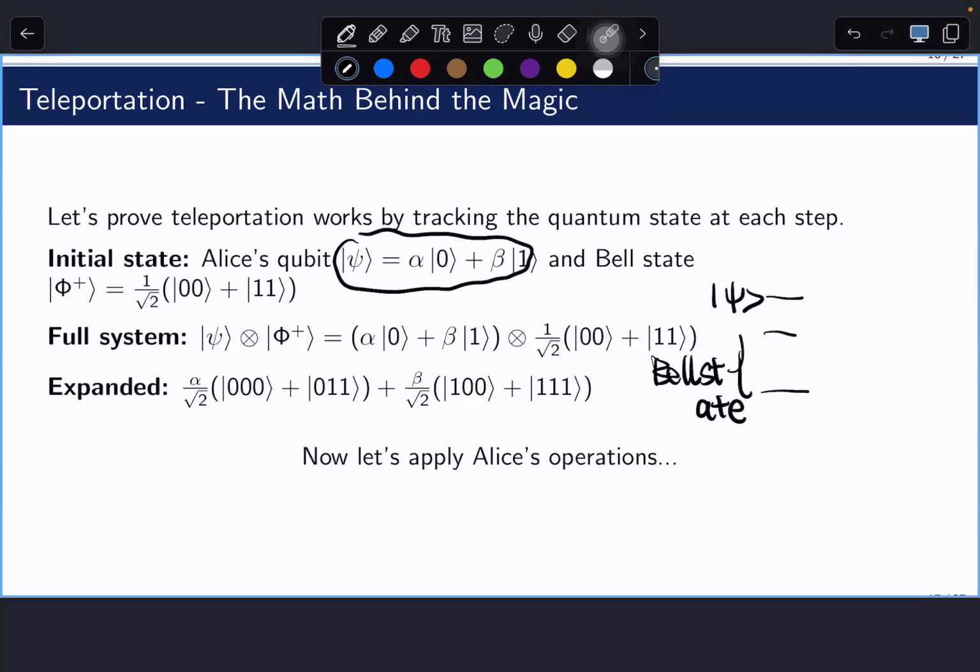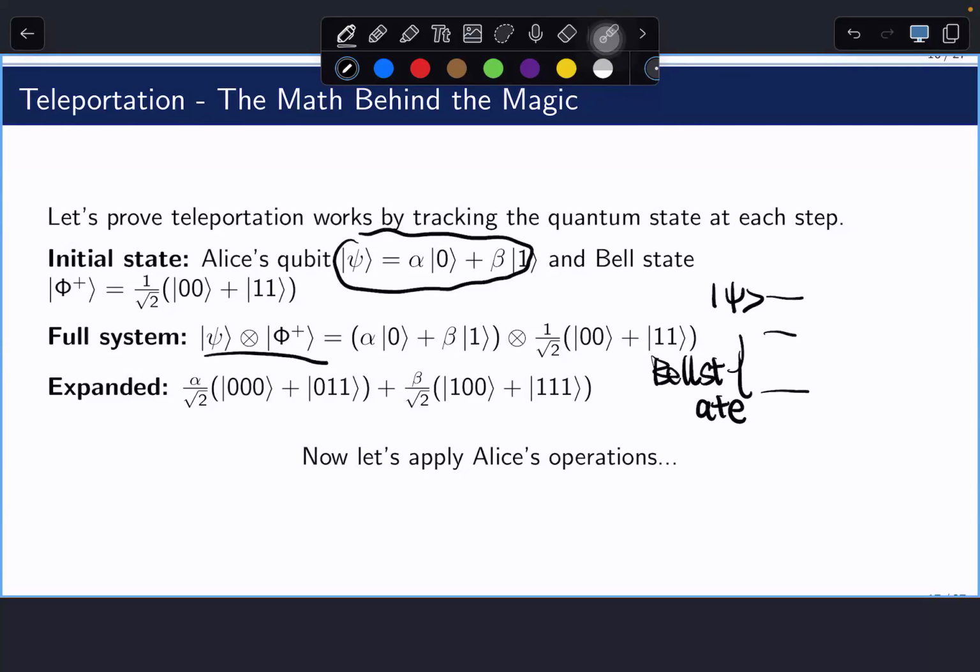Because right now the first qubit and the remaining 2 qubits are not entangled, we can separate them with a tensor product as shown here. And then we can combine them if you want.